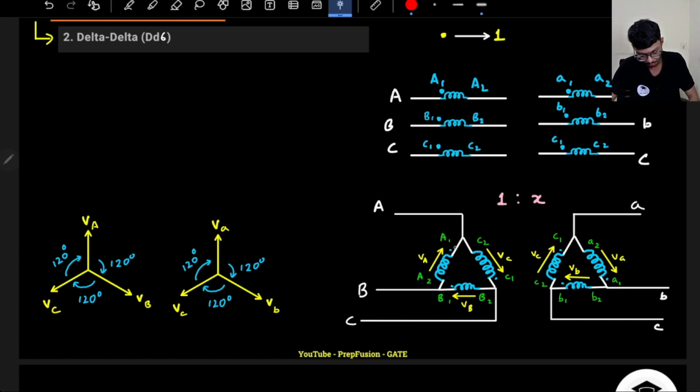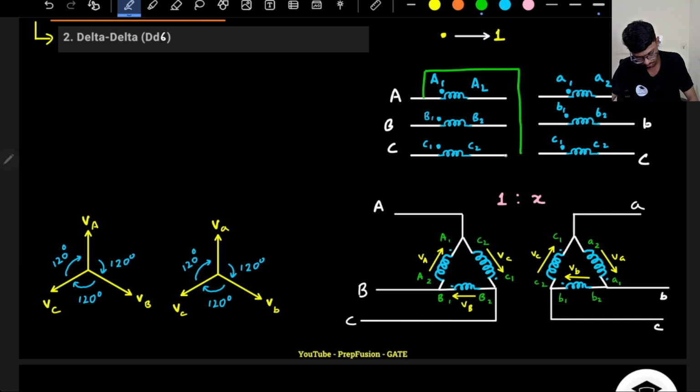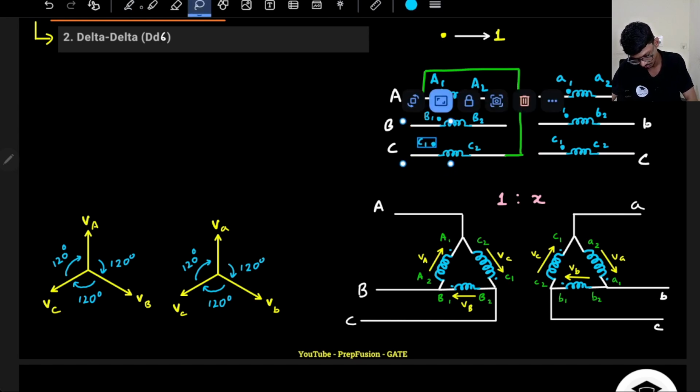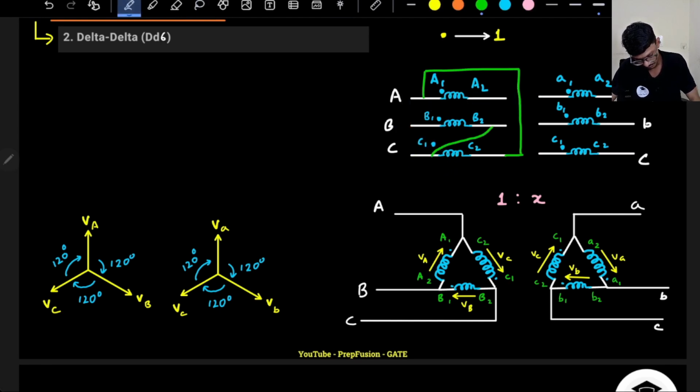So here my A1 and C2 are connected. Then I can see that my C1 and B2 are connected here.